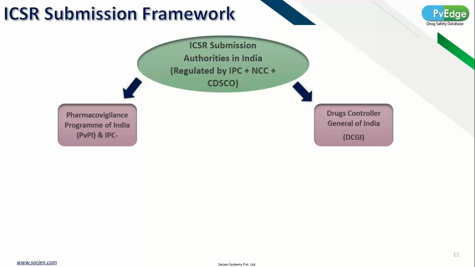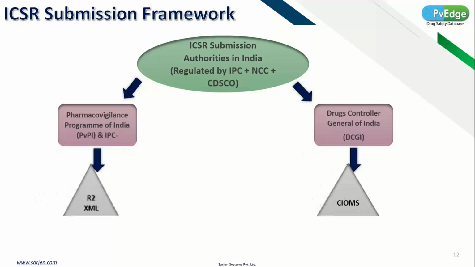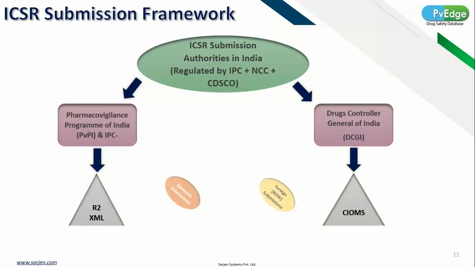This is the major important aspect. In case of routine PV operations, whenever you are processing any case for which you are responsible for India submissions, there are currently 2 major authorities, PvPI and DCGI. PvPI is accepting the R2 XML, and DCGI is accepting the CIOMS as of now.